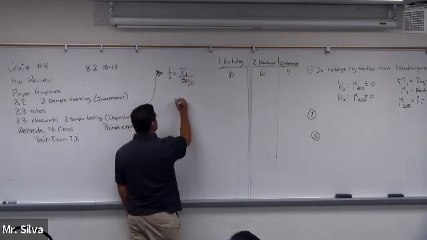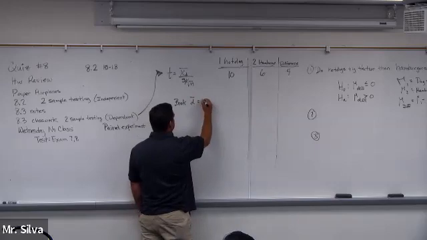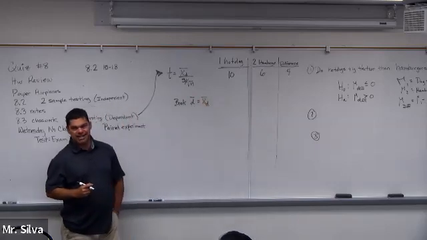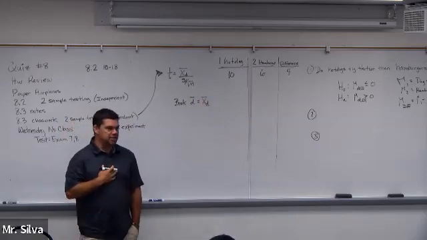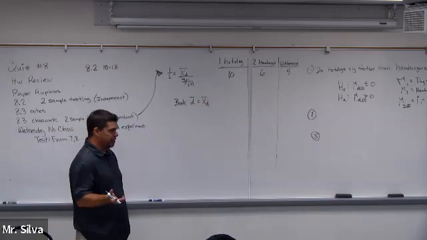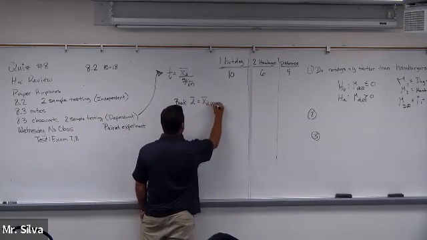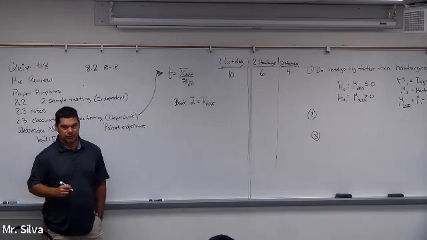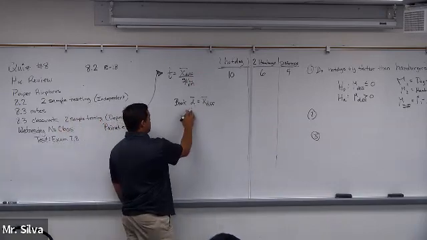Okay, the book uses a symbol called D bar. We've been using X bar the whole semester for the mean, so I'm going to keep that. I'm just going to put a subscript D or diff for the difference. That's the mean difference. So I take all the differences and I find their average. That's the same as D bar.